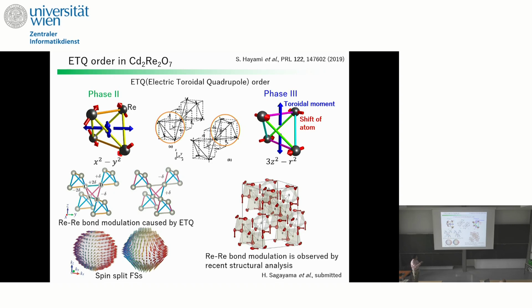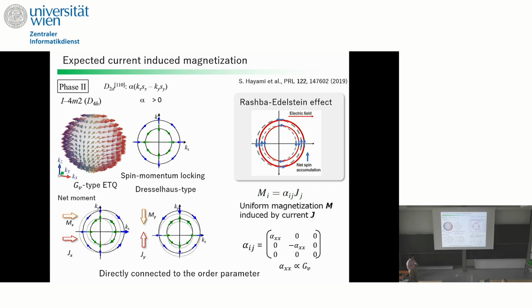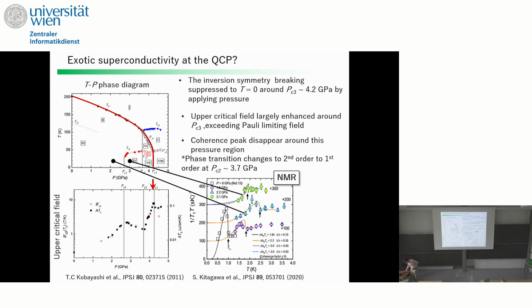In a similar way, we have a Z square type toroidal order in this phase and an X square minus Y square toroidal order in this phase. This kind of toroidal order will produce spin momentum locking on the Fermi surface and will produce some exotic response to flowing current.